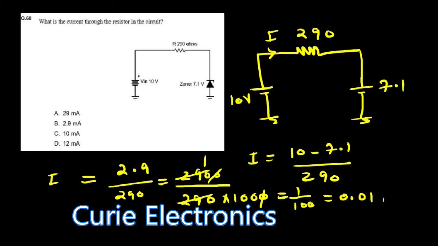It is in amps. If you want milliamps, multiply by 1000, and it becomes 10 milliamps. It is 10 milliamps that is the current flowing through this resistor.